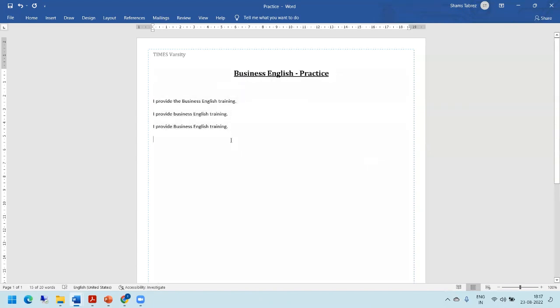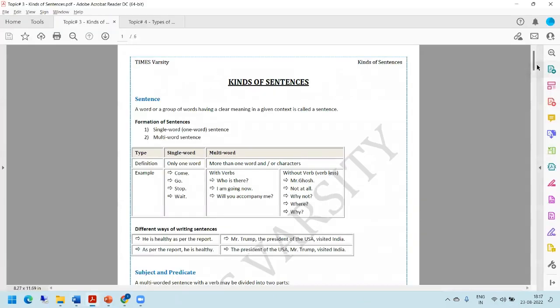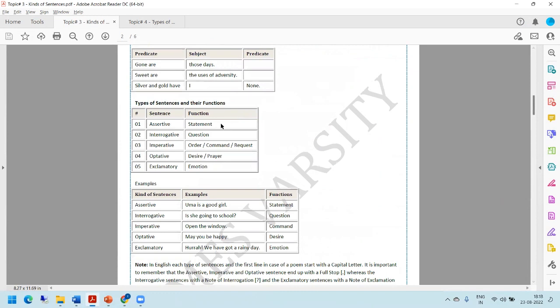Right. Now, out of this, we have discussed types of sentences. So which type of sentence is it? Look at the document. Here we have these many types of sentence. Assertive. Yes, perfect. I say assertive because it is a simple statement.